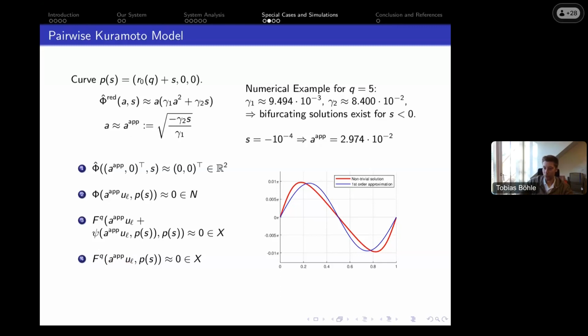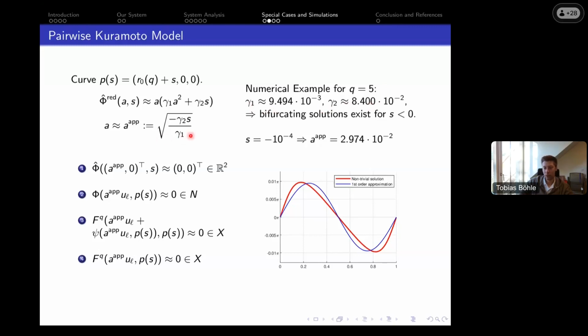So here is a numerical example for q equal to 5. I have computed the two values for gamma 1 and gamma 2. Now their value isn't that important, but I would like to point out that both gamma 1 and gamma 2 are positive.